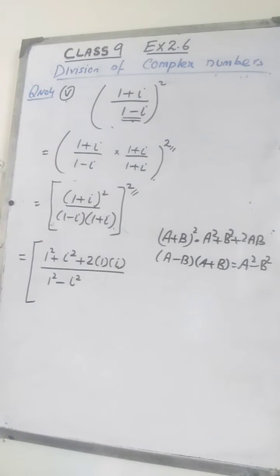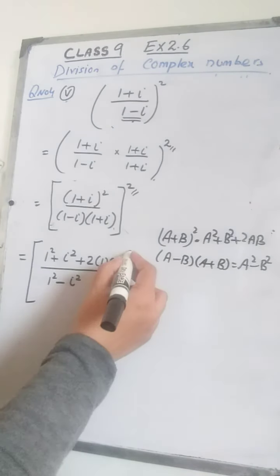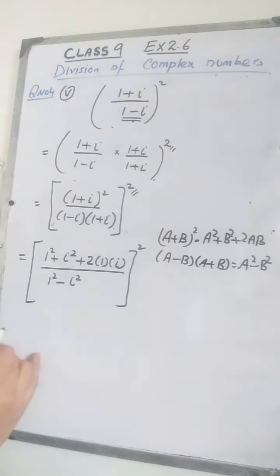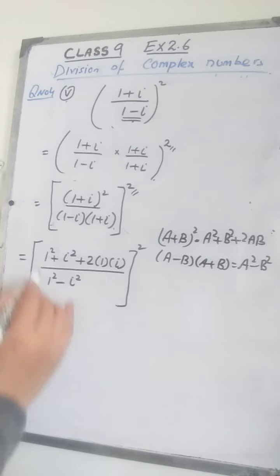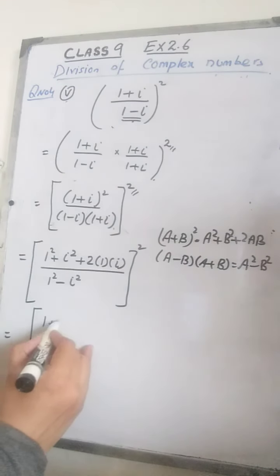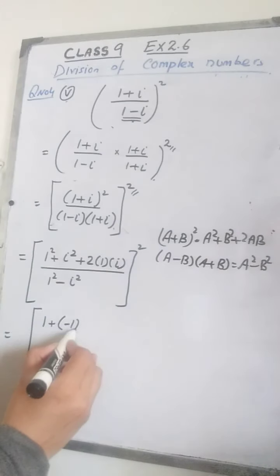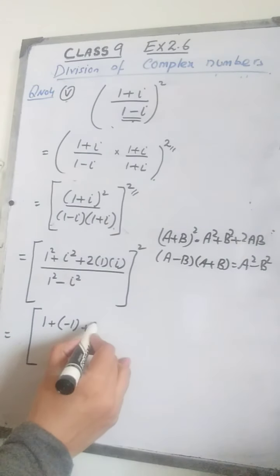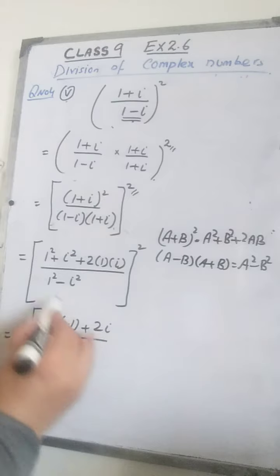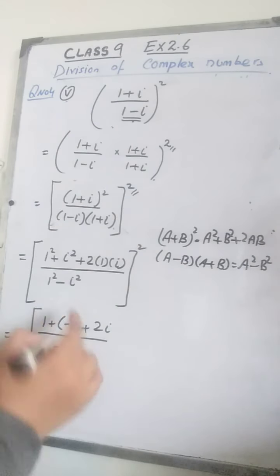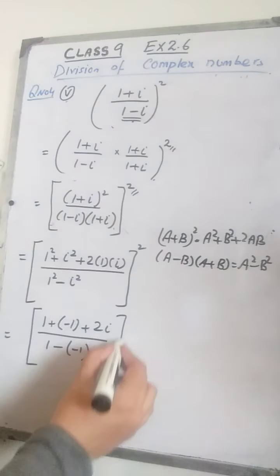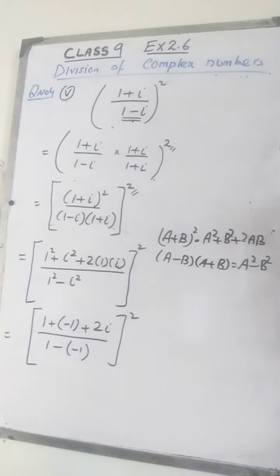Now whole raised to power 2. Now 1 square plus iota square: 1 square will be 1, and iota square will be minus 1, plus 2 iota, over 1 square minus iota square. 1 square will be 1 and minus iota square is equal to negative 1, to whole square.